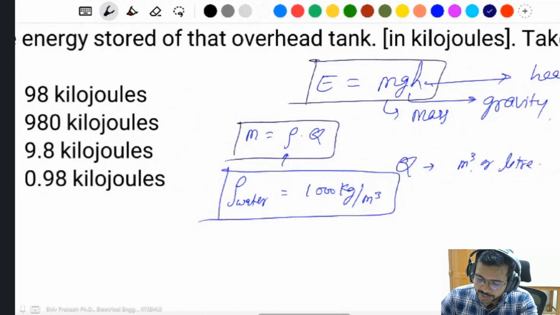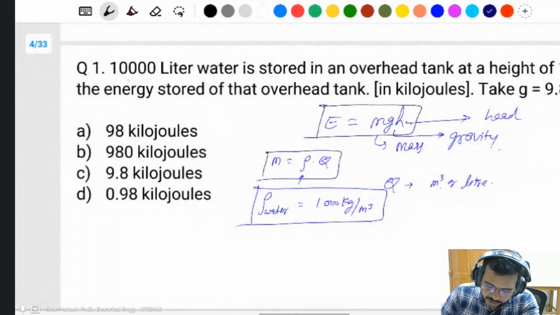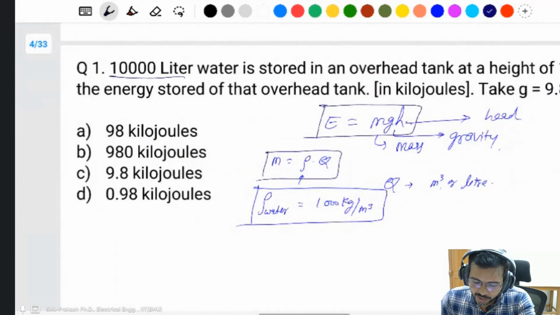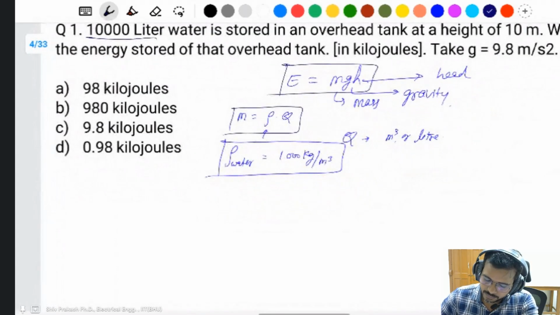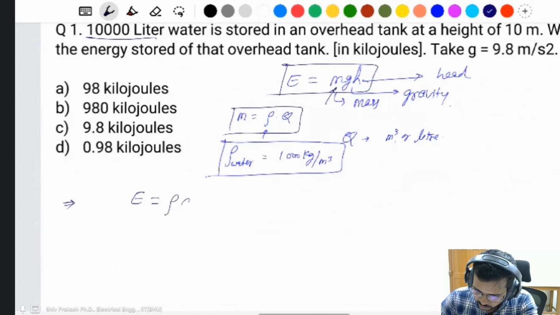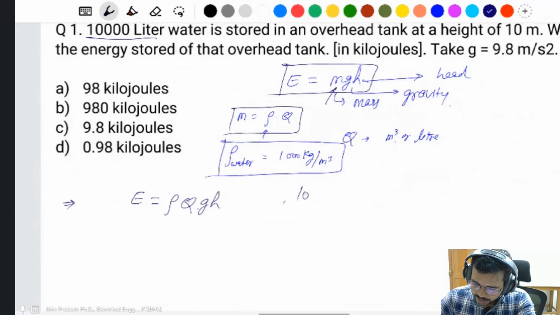All the units are in meters, but here it is given that 10,000 liters of water is stored in an overhead tank at a height of 10 meter. In place of m, you can take rho Q g h. There is 10,000 liter.